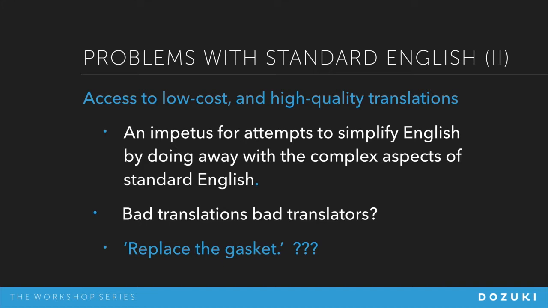We need an ever increasing number of translations, and they are, as such, very definitely very expensive. So, translation cost is a very important impetus for attempts to standardize, simplify the English language as the source for translation.